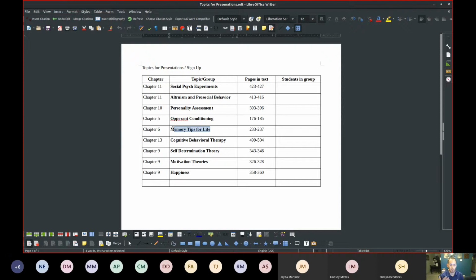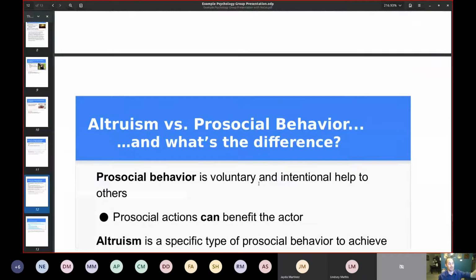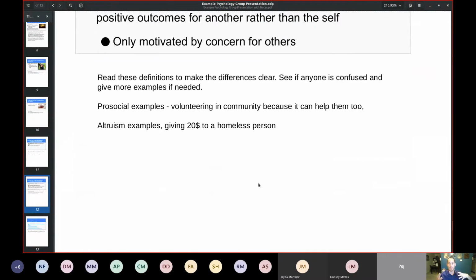It'll require working with your group, setting assignments for each other, holding each other accountable as you're doing the work, and then in the end, the final product will be this presentation that you all turn in through Canvas. So everybody in the group will turn in the final presentation, which would look something like this, your slides with your notes, or the presentation itself.